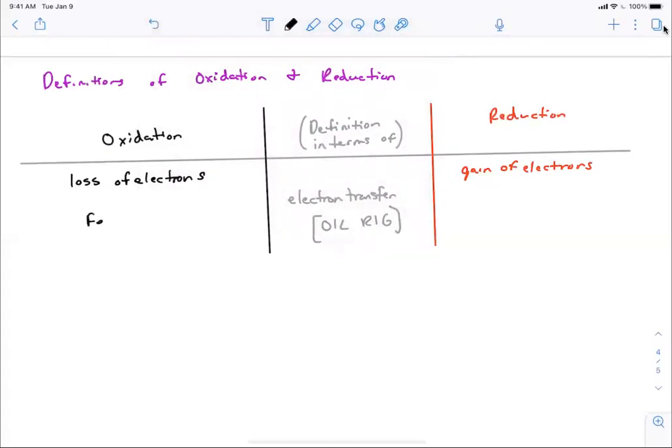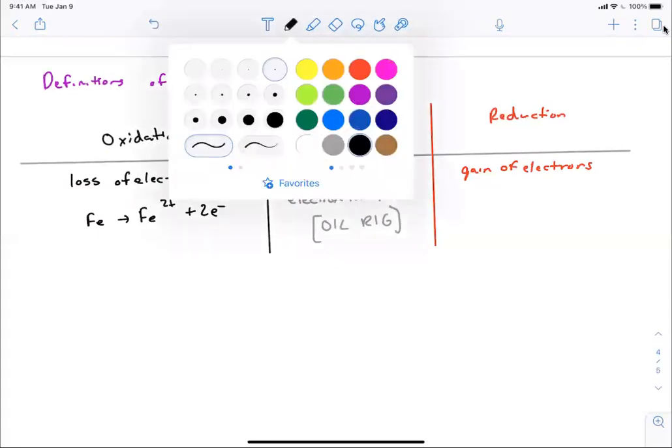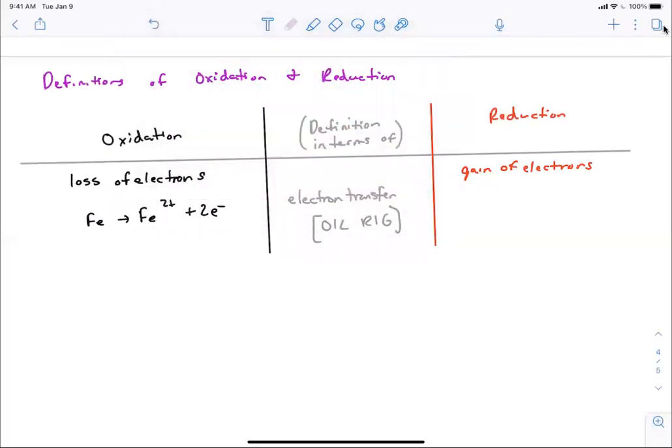So you might see something like this, or something like, let's say, this. Okay. The location of the electrons in your equation tells you whether it's an oxidation or reduction.